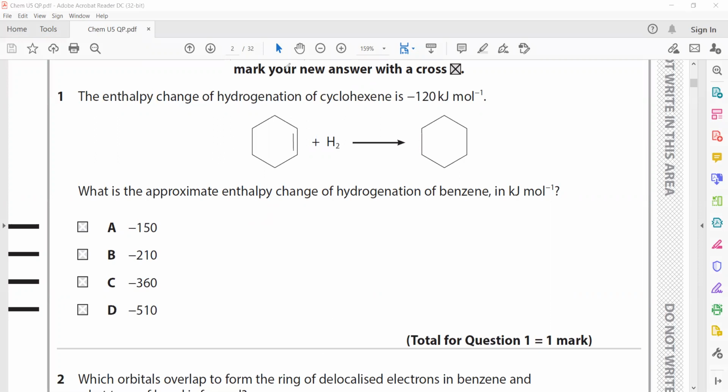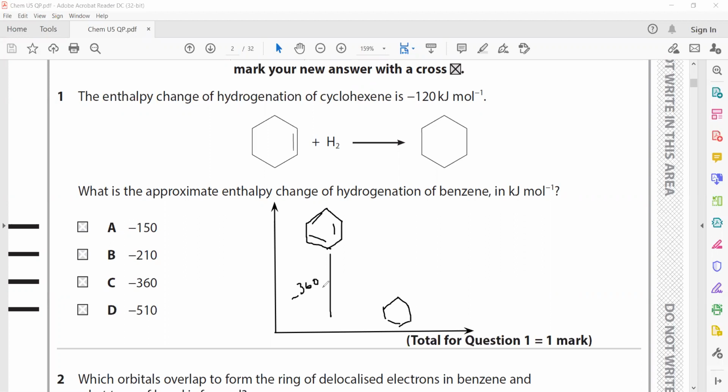When we are converting 1 mole of double bond in an alkene into an alkane, the enthalpy change is minus 120. But if there are 3 double bonds in the structure, then the enthalpy change when it converts into a cyclic alkane should be minus 360 kilojoule per mole.